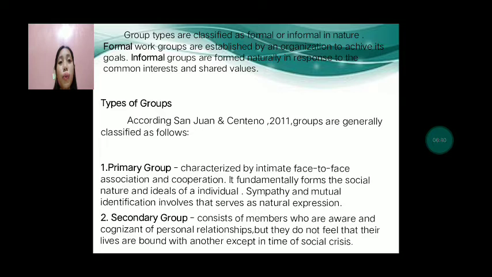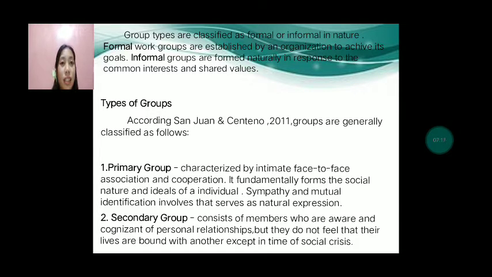The formal work groups are those groups of people that have a common interest to achieve a common task or goal, while informal groups are those persons who respond according to what is needed in a certain situation.